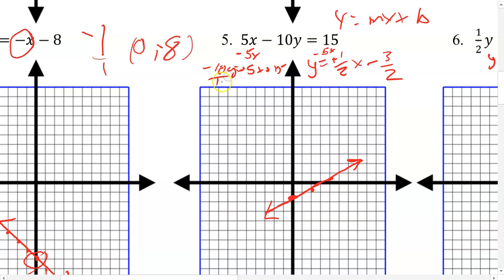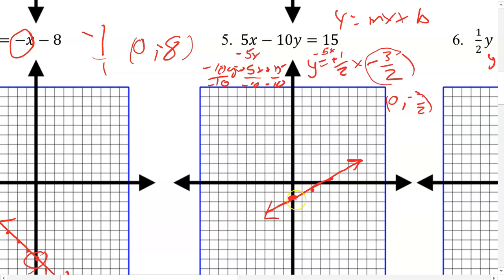We then divide both sides by negative 10, all elements of both sides. So y on the left equals negative 5 divided by negative 10, which is positive 1/2 of x, plus negative 3/2. So negative 3/2 is our intercept. That's the point (0, -3/2).